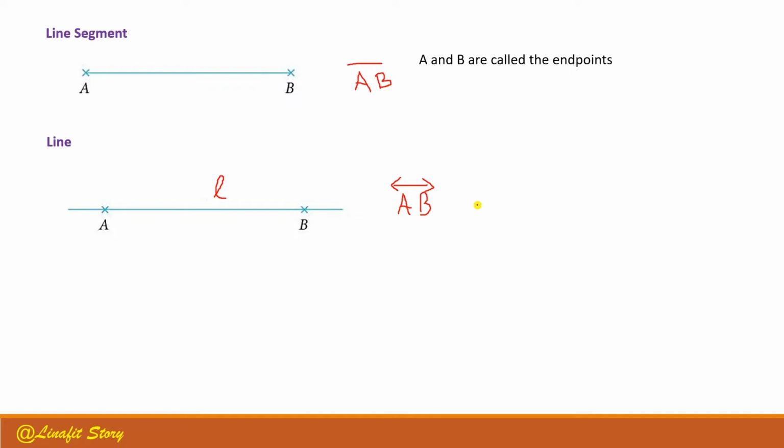A line has one dimension. It has an indefinite length but no breadth or thickness. Sometimes, an arrowhead is drawn at each end of the line to indicate that the line continues indefinitely.